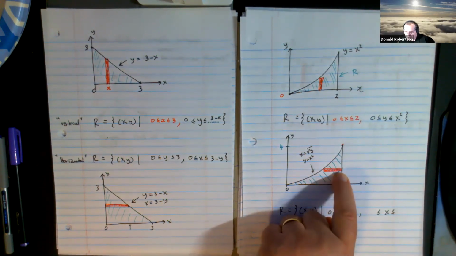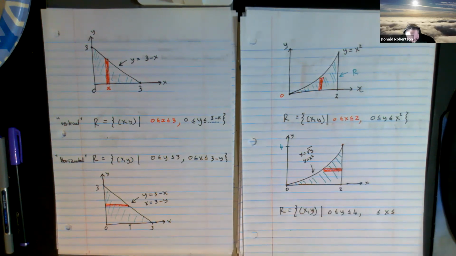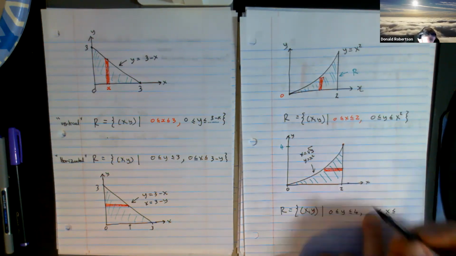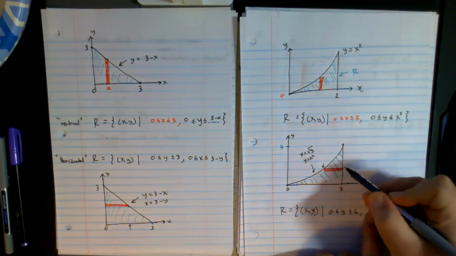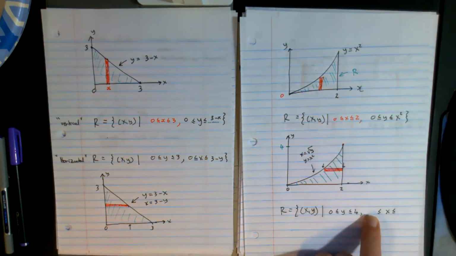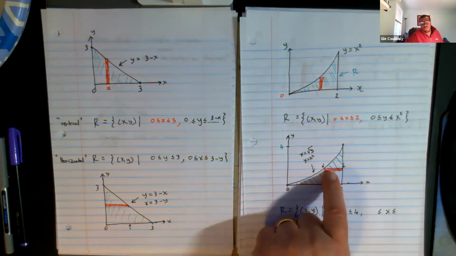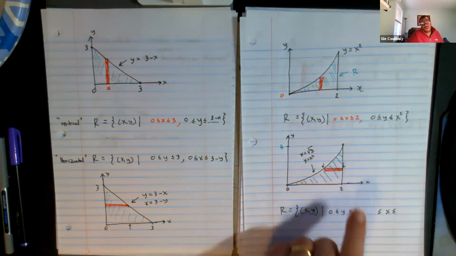We want to know where this rectangle starts and finishes, and we want to know where it starts and finishes in terms of numbers or y's. Where does this curve start? That's what I should write here. That's the start. No, it isn't. If it started at 0, it would be where my finger is. That would be 2 minus square root of y, I believe.